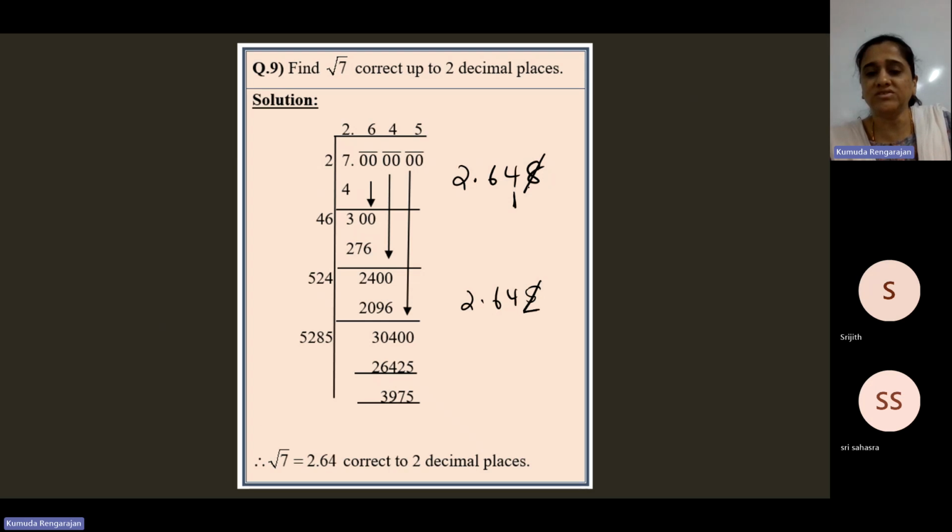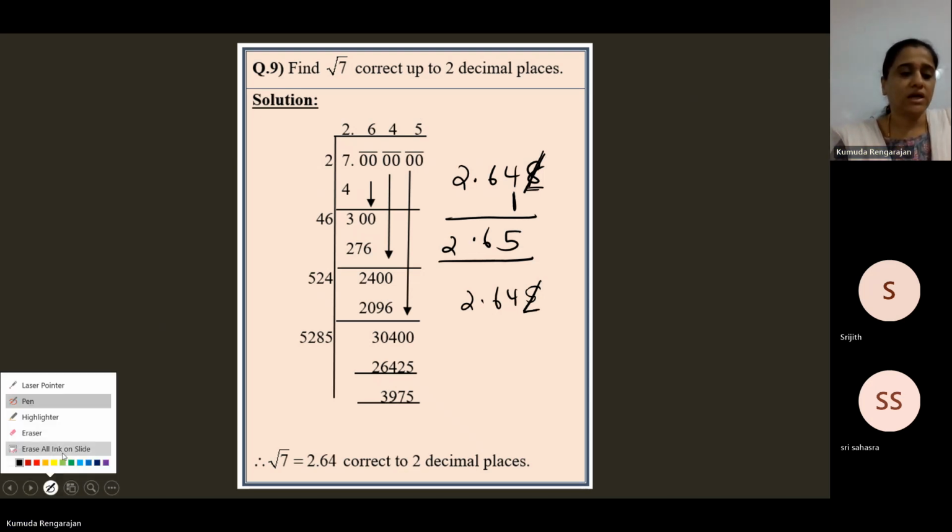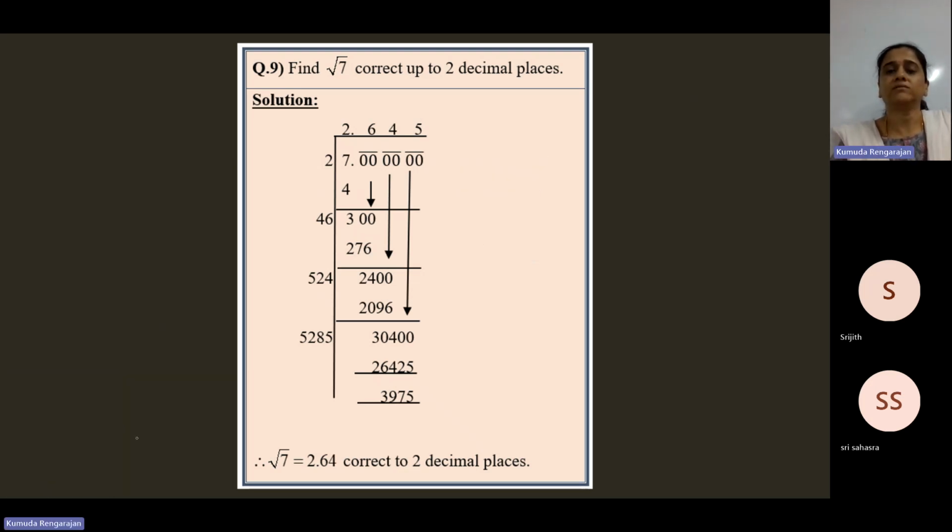So it will be 4 plus 1, 5, so 2.65. But here, the last digit is 5. So simply remove it.